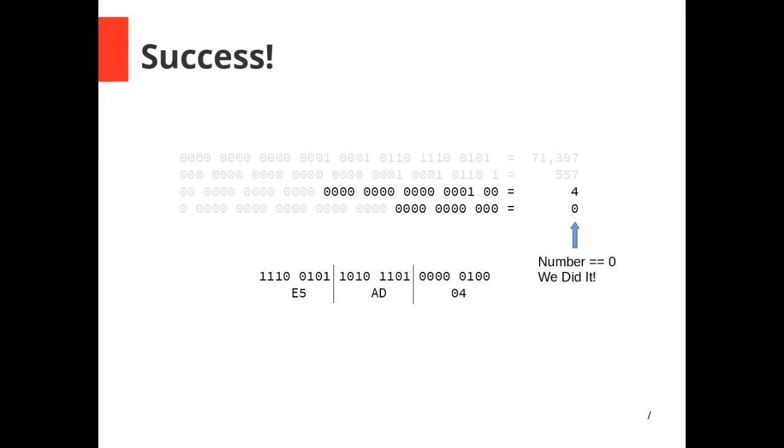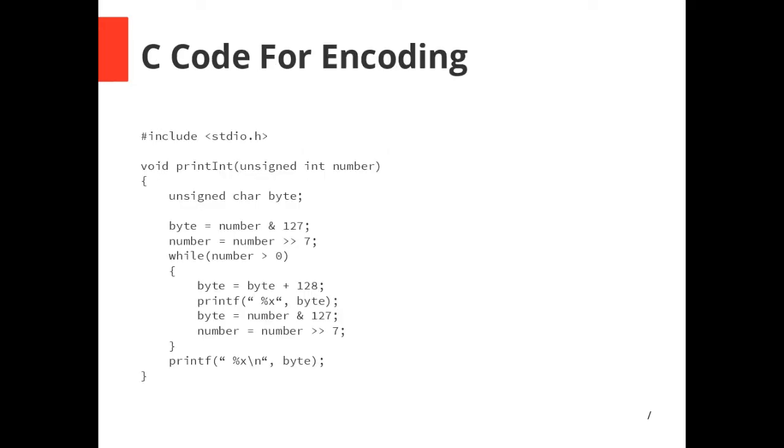This is a function I wrote in the C programming language that does that. In the simplest case, where it only takes 1 byte to store the number, it'll just simply skip over that while loop.